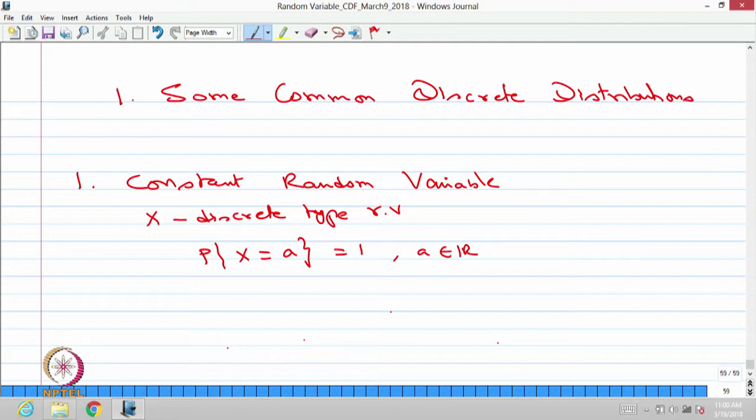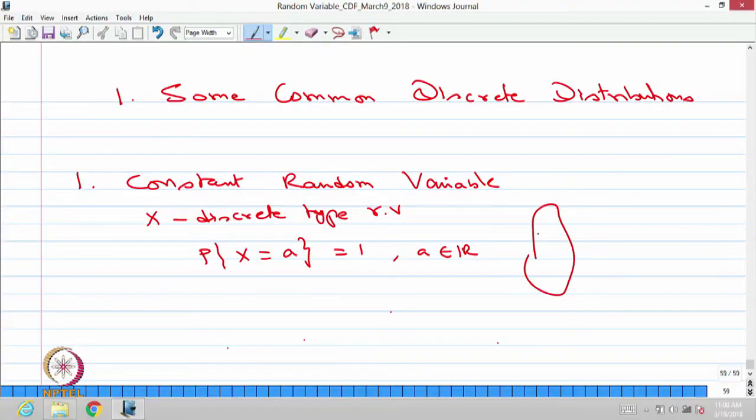That means in a random experiment you may have a sample space with finite elements, or countably infinite or uncountably many elements. The way the real valued function is mapped from omega to R, it is a many to one function. Therefore, the probability of X equal to a is nothing but the collection of all possible outcomes which gives the value a. This is omega, it has so many elements.